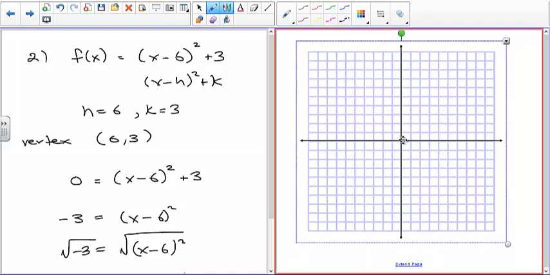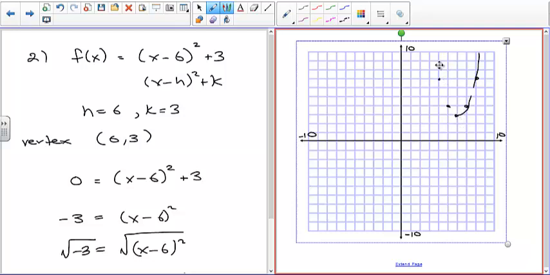So what I would do is I'd go over 6 up 3. There's my vertex. And I'm going to use a scale that's symmetric here, where 1 unit on the grid is 1 unit. So I would go over 1 up 1, over 1 up 1, over 2 up 4, 1, 2, 3, 4, over 2 up 4. There we go.